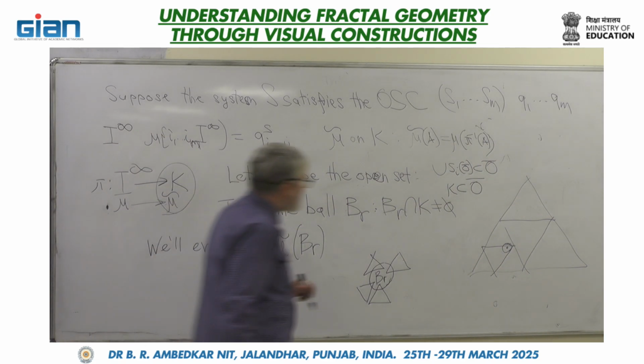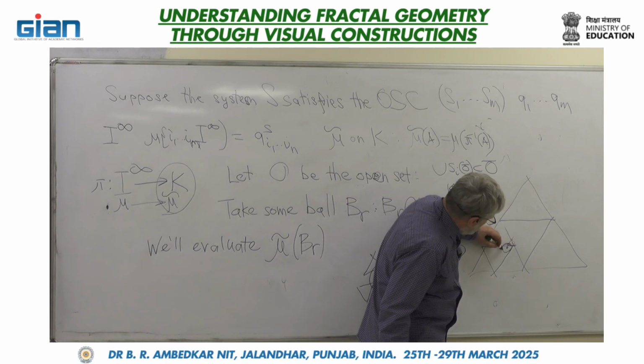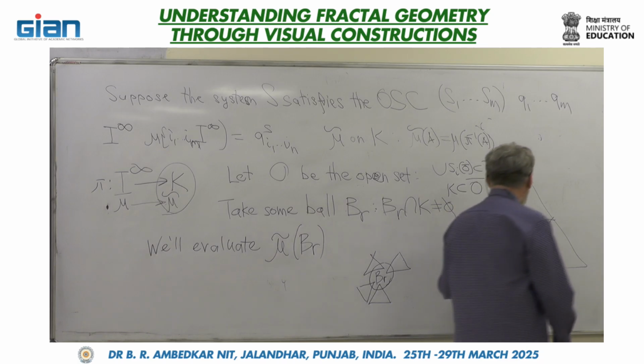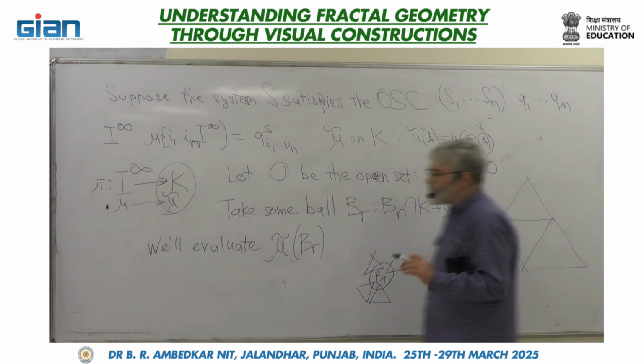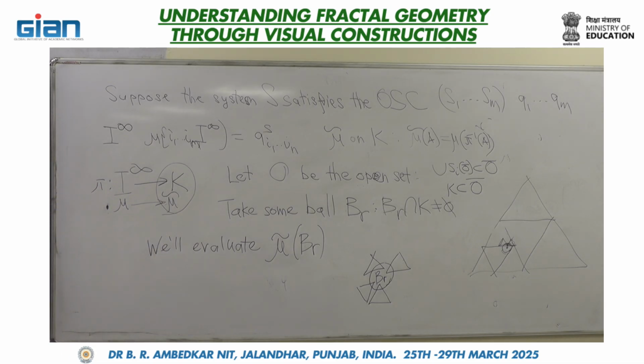So inside K we consider only those copies whose diameter is less than BR, or maybe less than BR but not by very much. So I will consider such a family.